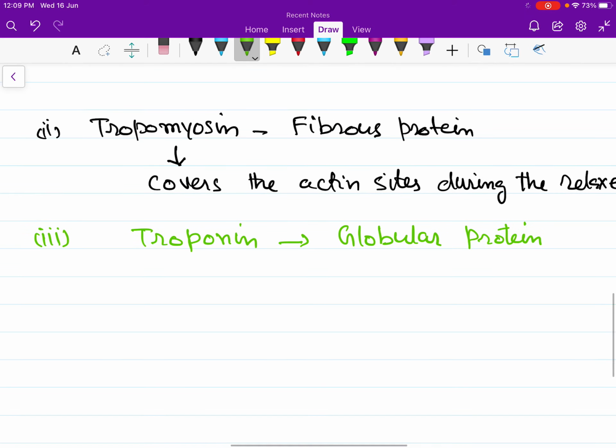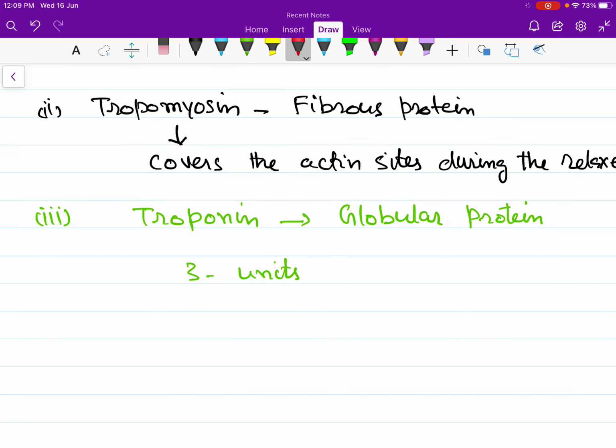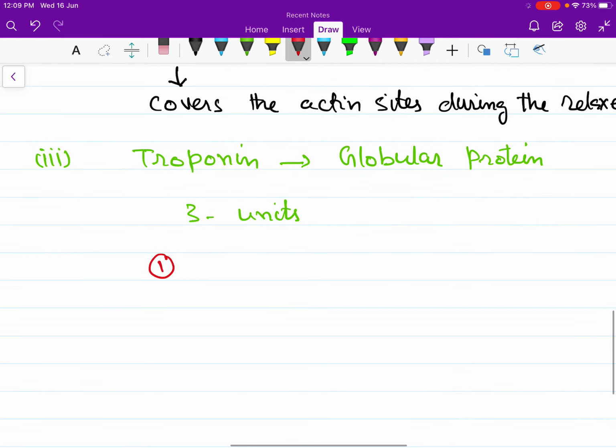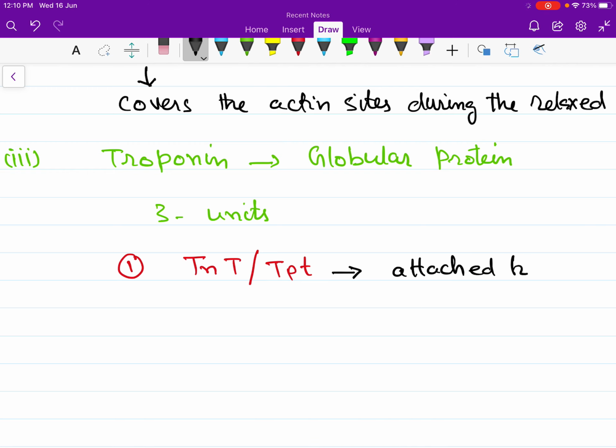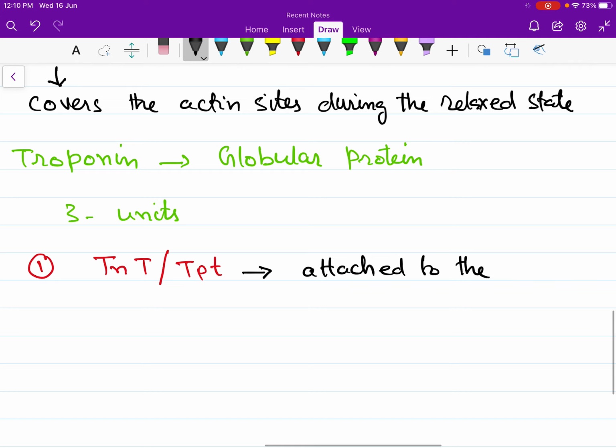The first unit of troponin is called TNT, troponin T. This troponin T is the component of troponin which is attached to the tropomyosin.